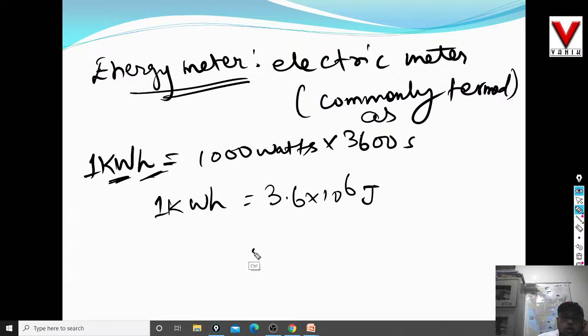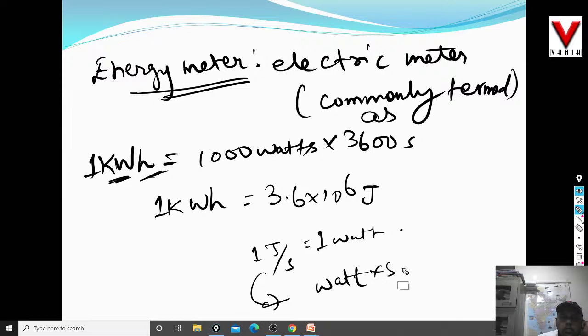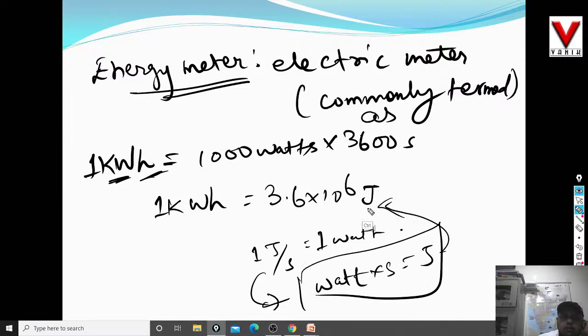Why joules? See, 1 joule per second is equal to 1 watt. So what can I infer from here? Watt into second is equal to joules. That is why this is joules. So in the electric meter, we measure energy in terms of kilowatt hour.